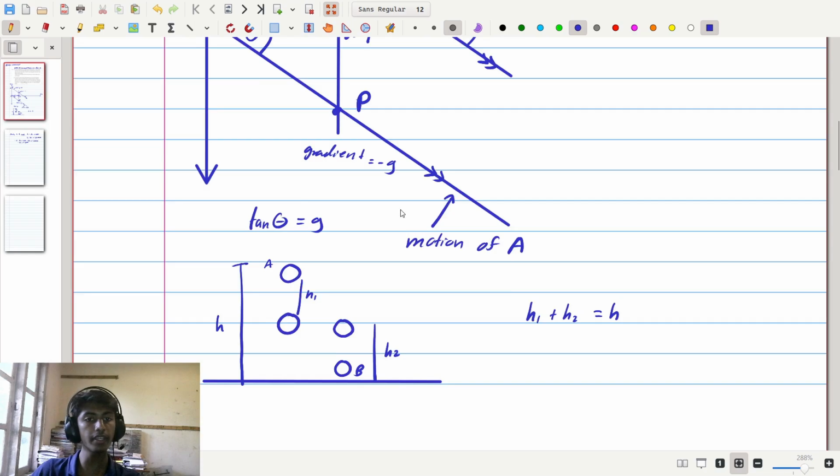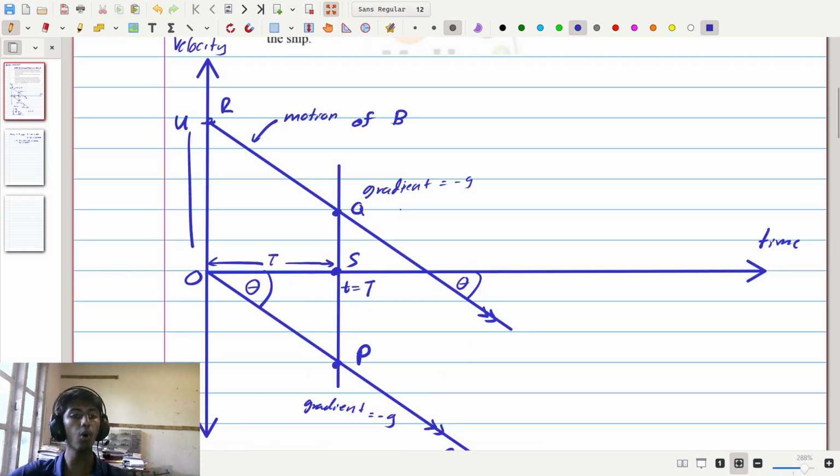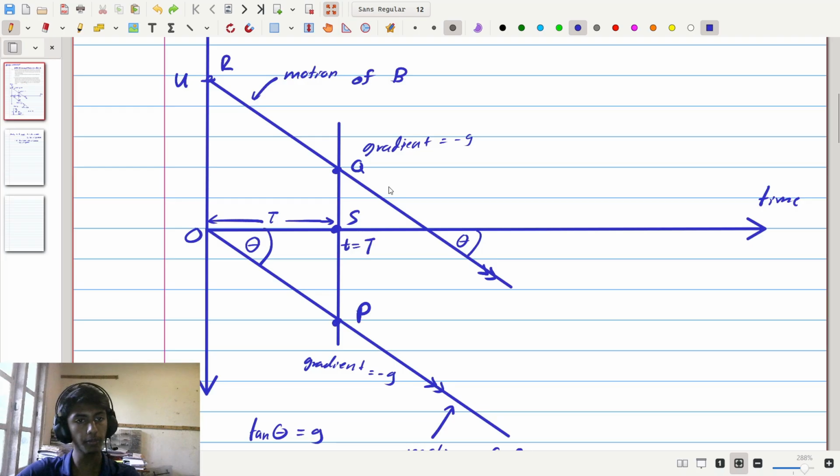Now considering OPQR, we can see the sides OR and PQ are vertical, and as we found previously, the sides RQ and OP are parallel to each other. So we can see the vertical sides here are parallel, and these two sides here are parallel, and therefore OPQR is a parallelogram. Now from parallelograms, we know that for a parallelogram, all you need to do is to find one of the base lengths and the perpendicular height relative to that base in order to find the area of the parallelogram.